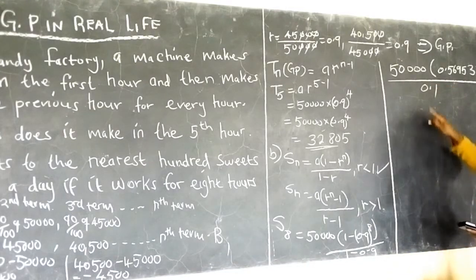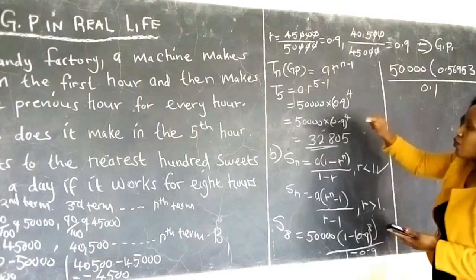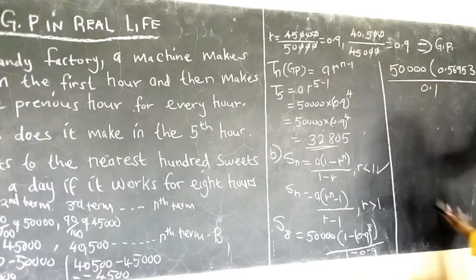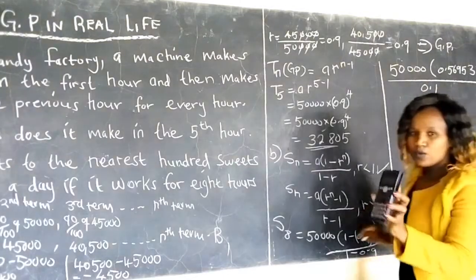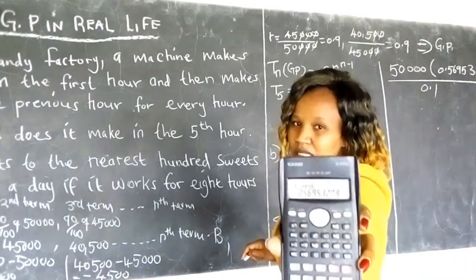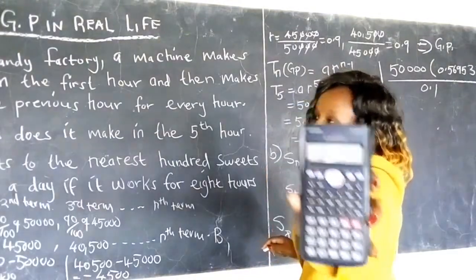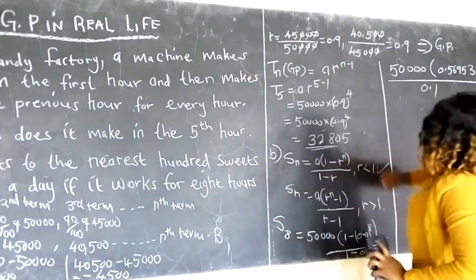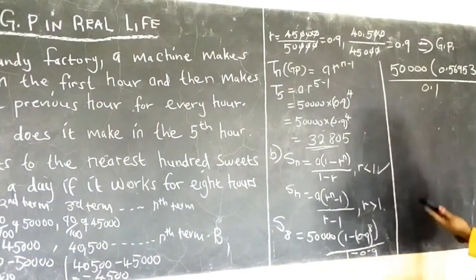I usually advise students, since our question was to the nearest 100, to write whatever you see on the screen, then you round off when you reach the answer level.